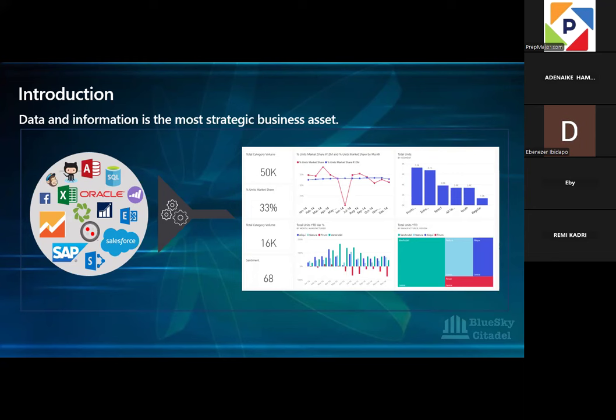You can share it with your board of directors or anybody, and they will look at it: look at the total good category, 50,000; 33%, another one 16,000, another one 68. Can you see it's giving you the summary value of those sectors?